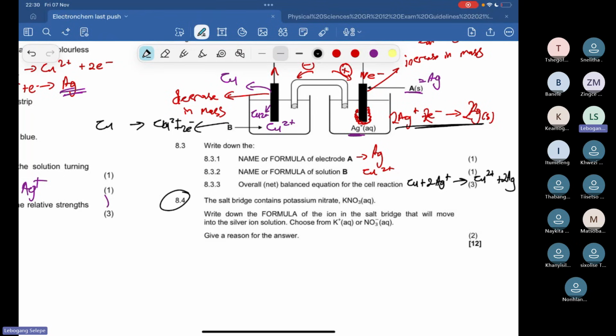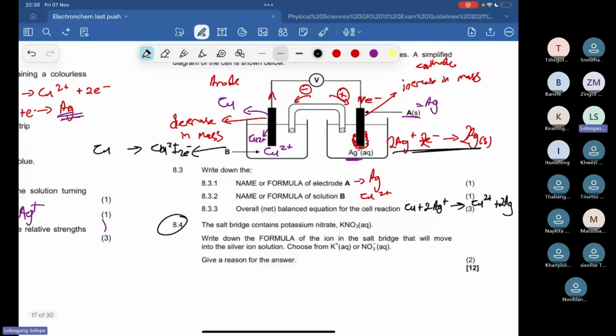Now let's move on to 8.4. The salt bridge contains potassium nitrate. I told you that this is the common salt bridge they use. Basically in here, there are many potassiums and many NO3 minus. Write down the formula of the ion that will move into the silver ion solution.